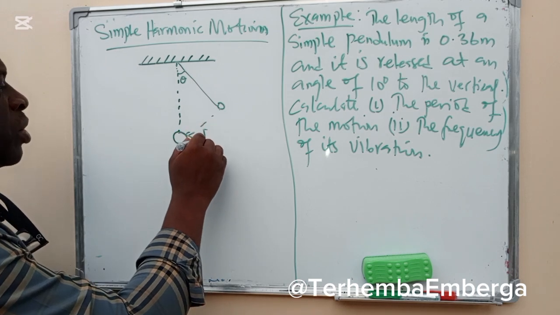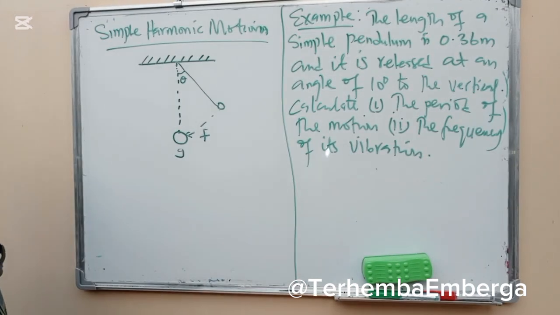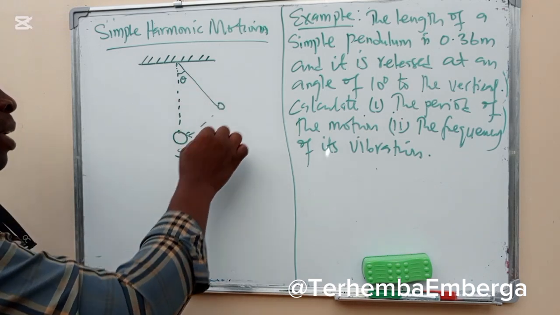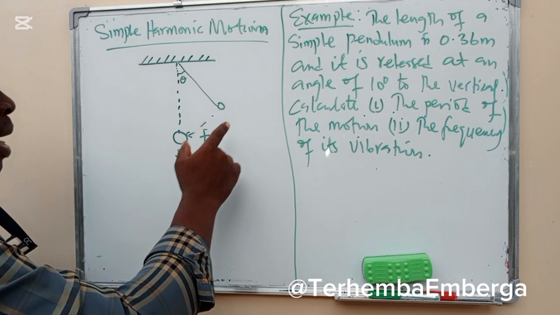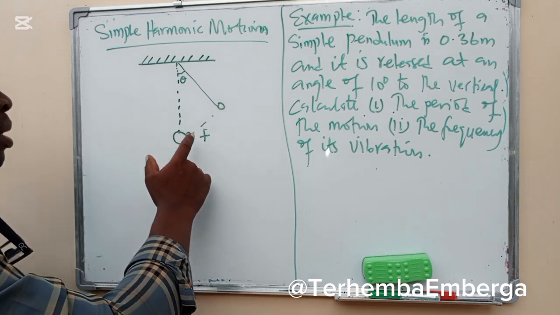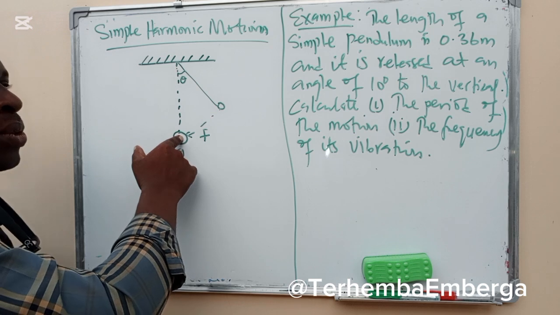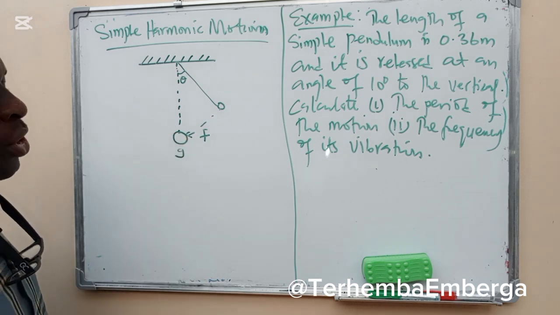And there's what we call restoring force. What do you mean by this restoring force? If you displace this and release it, it will swing over a time, and then the amplitude will keep on decreasing until at a point it will come back to its resting point, or what we call the equilibrium position.